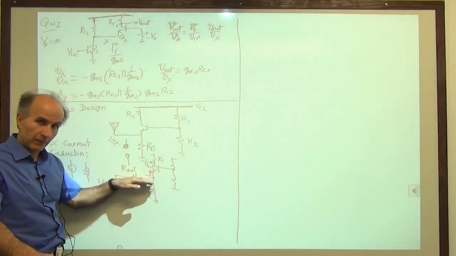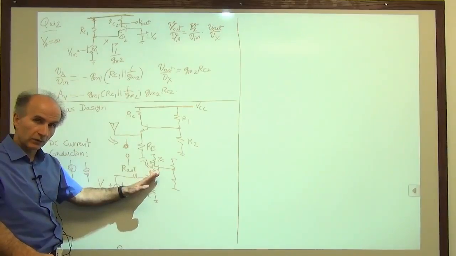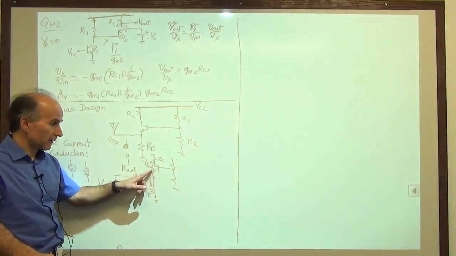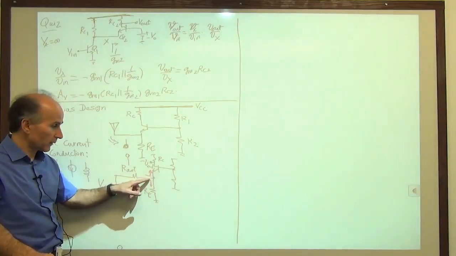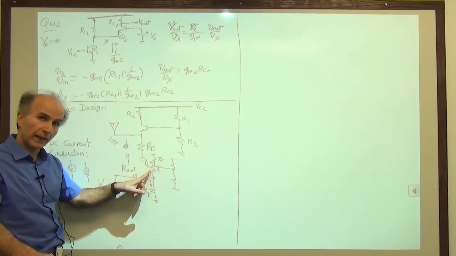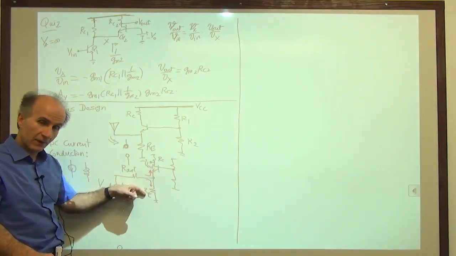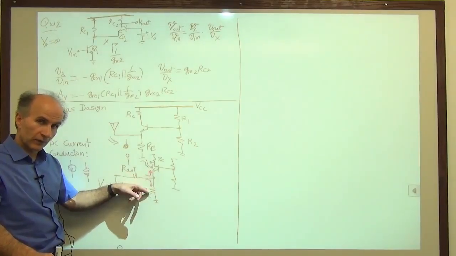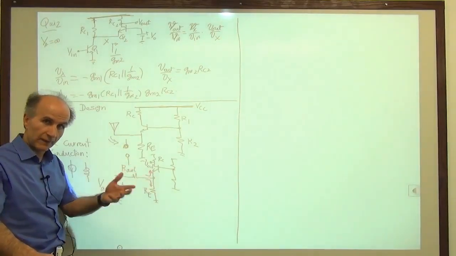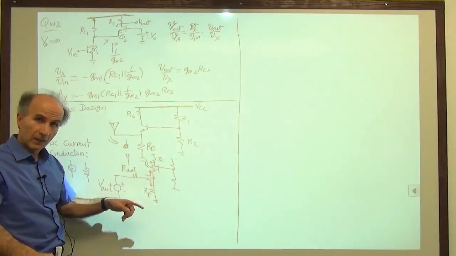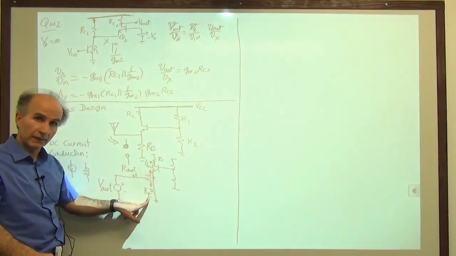If you remember, when a current splits, it splits according to the impedance that it sees on the other side. So if you're looking for the current that goes this way, that current is given by this current times this resistor over the sum of the two resistors. Intuitively, you can see that if this resistor is very large, no current can pass through it, right? So we want to maximize RE.